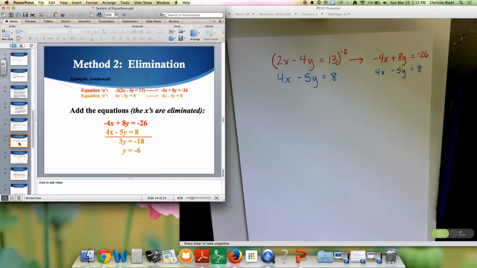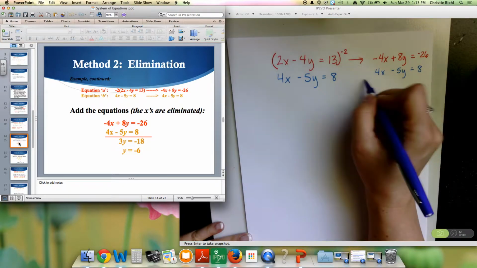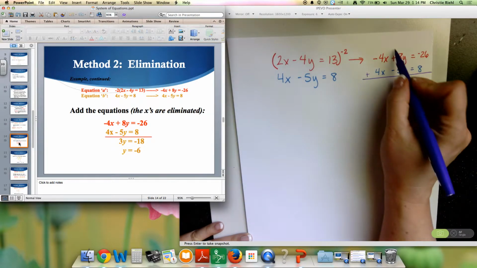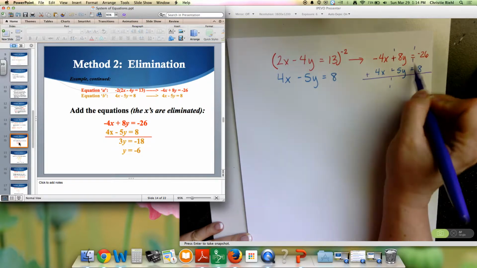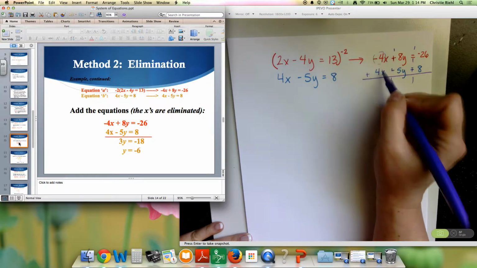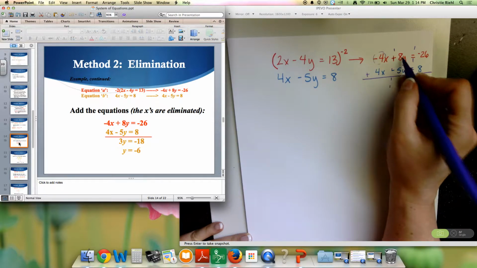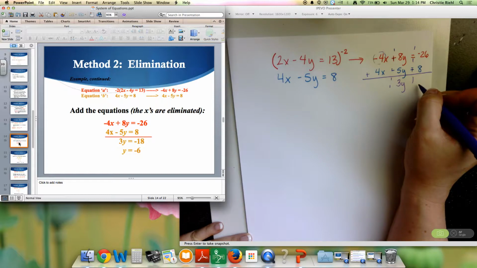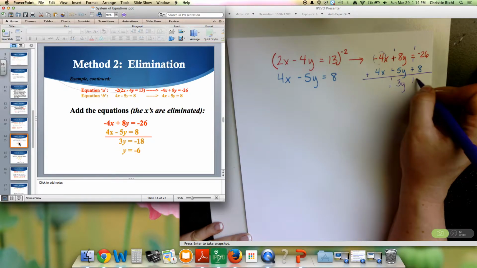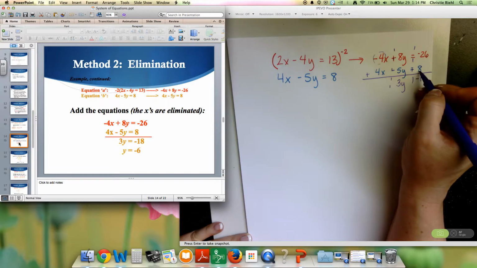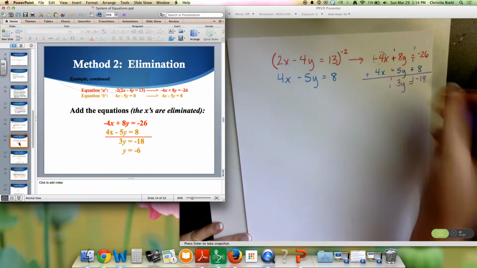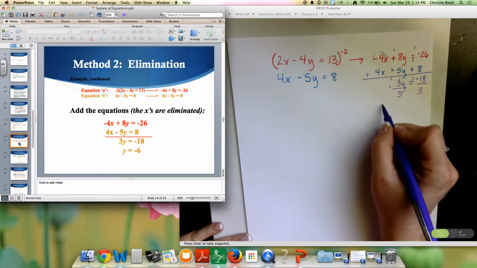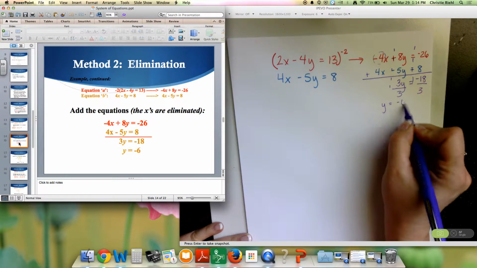And so when we add these together, do you like how red and blue make purple? When we add these together, -4 and a +4 drop away, and we have a +8, -5, so we get 3y is equal to -18, because -26 plus 8 is a -18. Isolating our variable, we're going to divide by 3, and y would then be equal to -6.